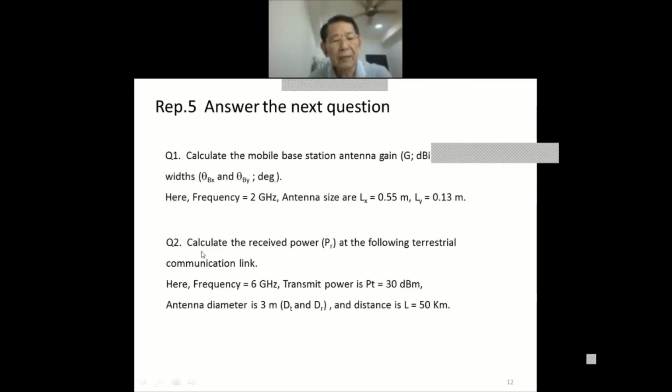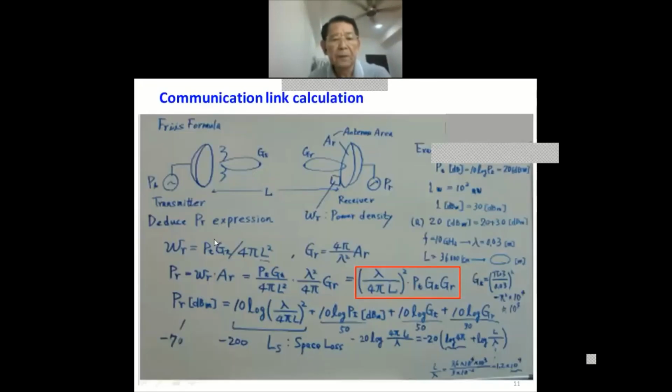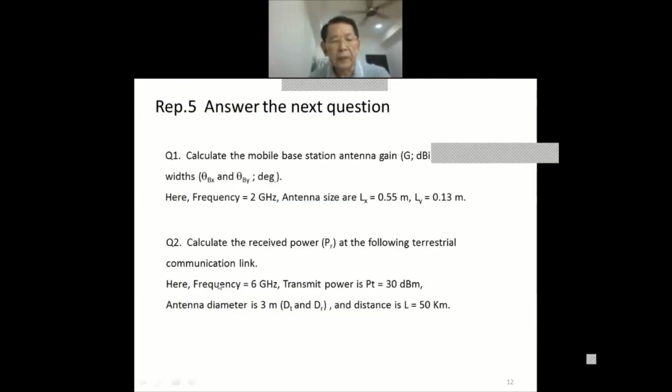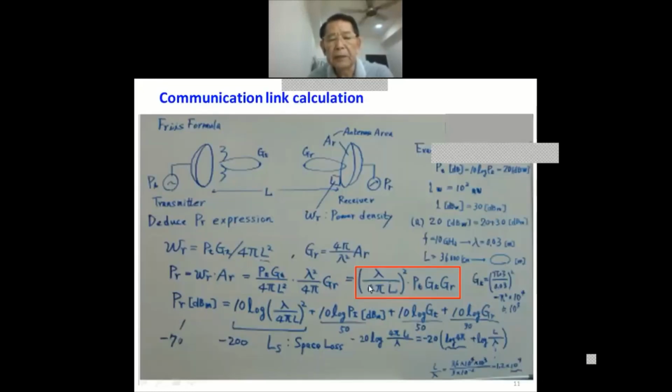Question 2 is, we calculate the terrestrial communication link. So this is terrestrial. L equals 50 kilometers, the frequency is 6 gigahertz, and the transmit power is 30 dBm.